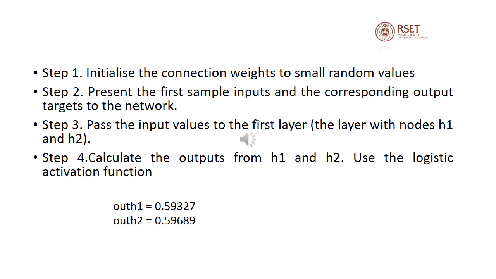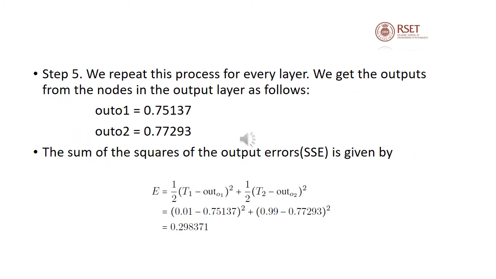So the output of H1 is 0.59327 and the output of H2 will be 0.5968. In this step, we repeat this process for every layer and we get the outputs from the nodes in the output layer as follows. The output of O1 is equal to 0.75137, the output of O2 is equal to 0.77293.